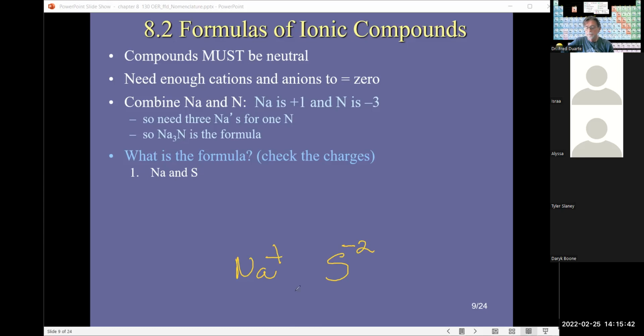And so we convert them into ions first. And then from that, we know how many of each we need to put them together. So this tells me I need 2 sodium ions for every sulfide. So the formula becomes Na2S.